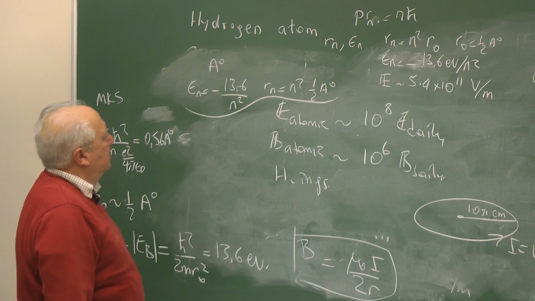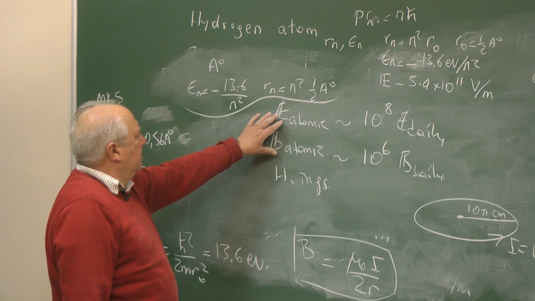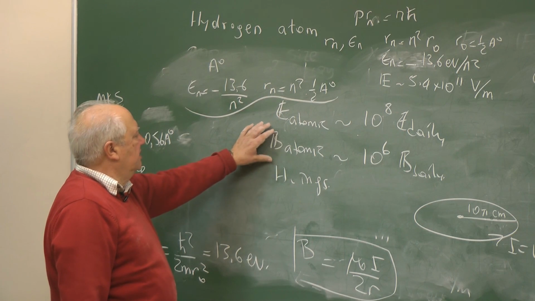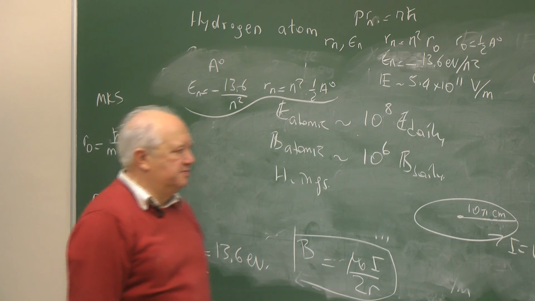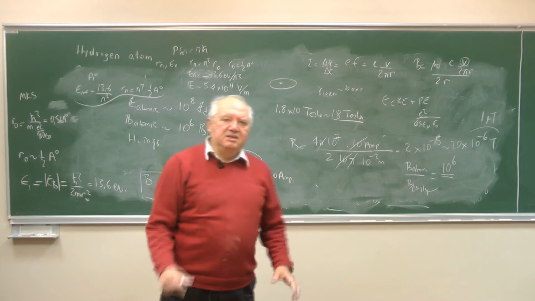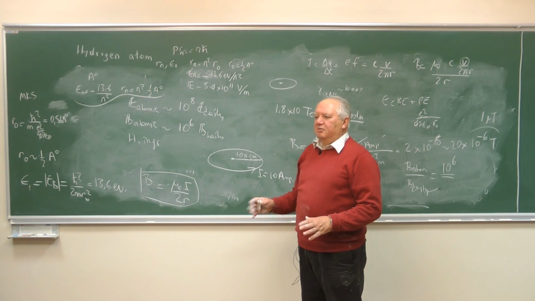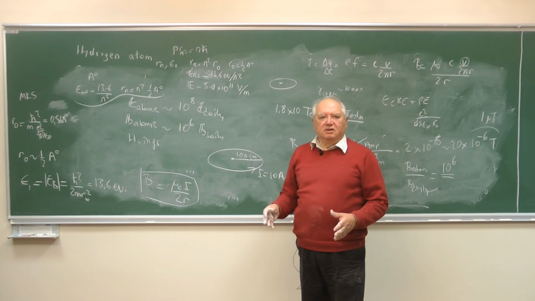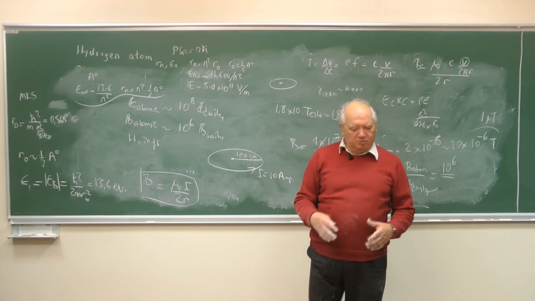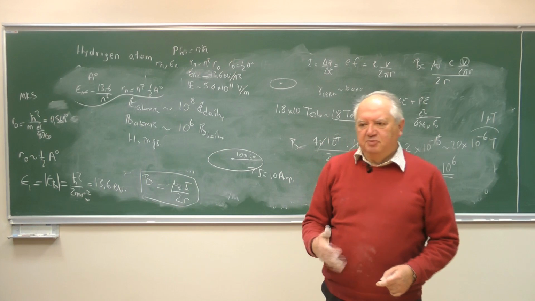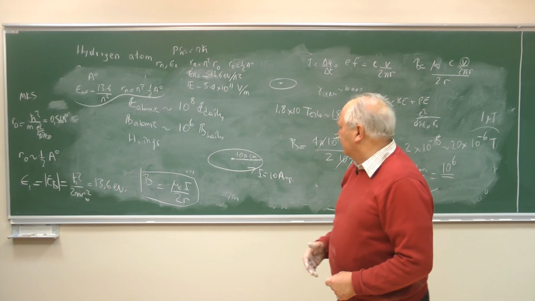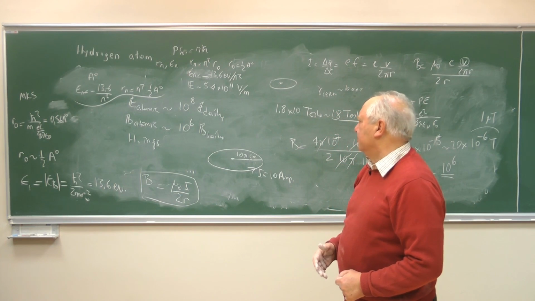And it has a very strong electric field and magnetic field inside the atom. This is the impression we get about the hydrogen atom before we begin to solve the Schrödinger equation, before we attack the problem with the full quantum mechanical approach.